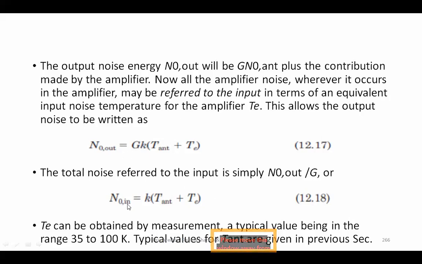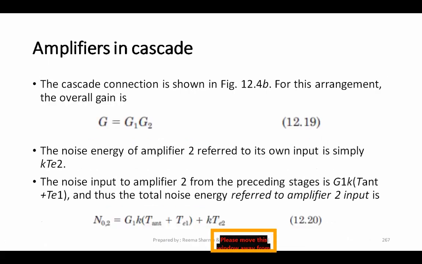Instead of output, it is input, since gain is calculated with respect to the output alone. This can be obtained by measurement, a typical value being in the range 35 to 100 degrees Kelvin, the lowest being 35 and the highest being 100. Typical values were given in the previous section.